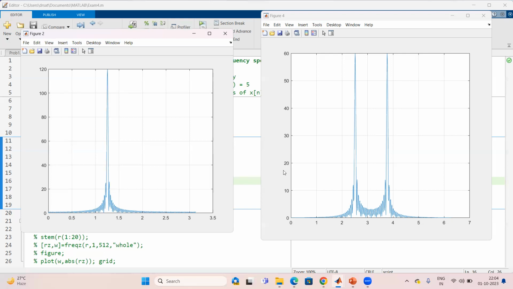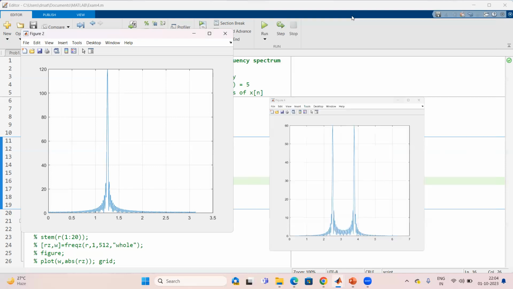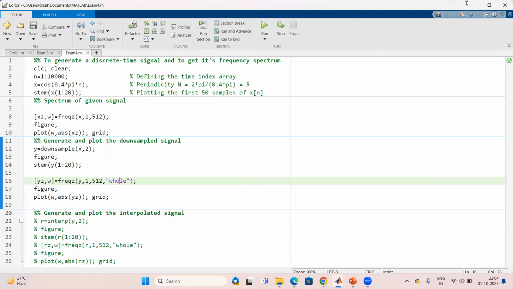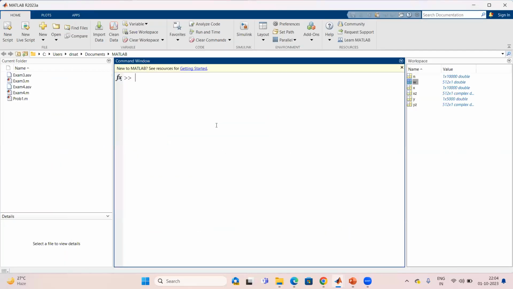If we get shifted around 2 pi, then you can subtract this particular value from 2 pi. So what should this value be? You can multiply 2 pi, 2 pi minus 0.8 pi.